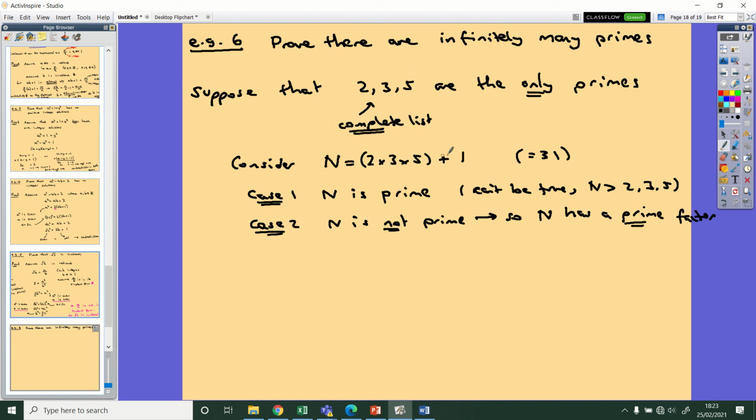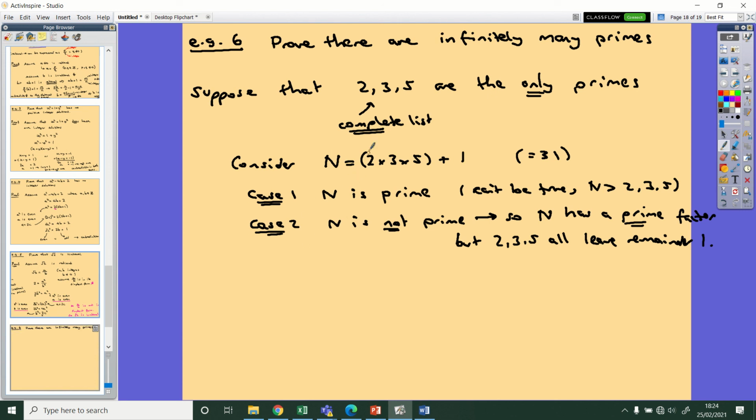But the way that we constructed the number means that it's not going to have any of those as factors, because there's always going to be a remainder of 1 when you try and divide into that number. So that's another contradiction. So in each case, we can't have either of those, but N has to be prime or not prime, so we're done. This number can't really exist, if you like.